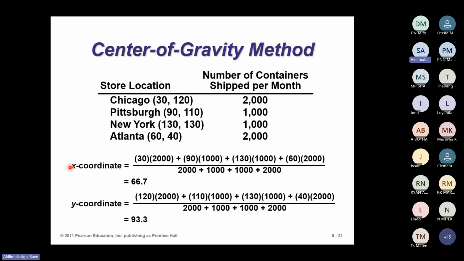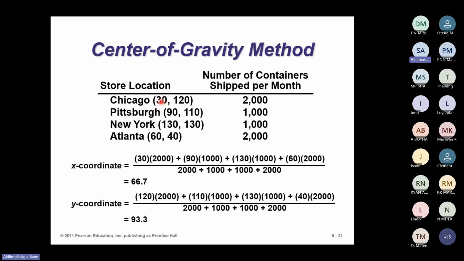In order for you to find the center of gravity, we're going to calculate first the x coordinate, and then after that the y coordinate. So it's straightforward. When you are calculating the x coordinate, the focus is on the x coordinate and the volume. So here you do not interfere with the y coordinate. Since we are talking about the x coordinate, you must only focus on the x coordinate.